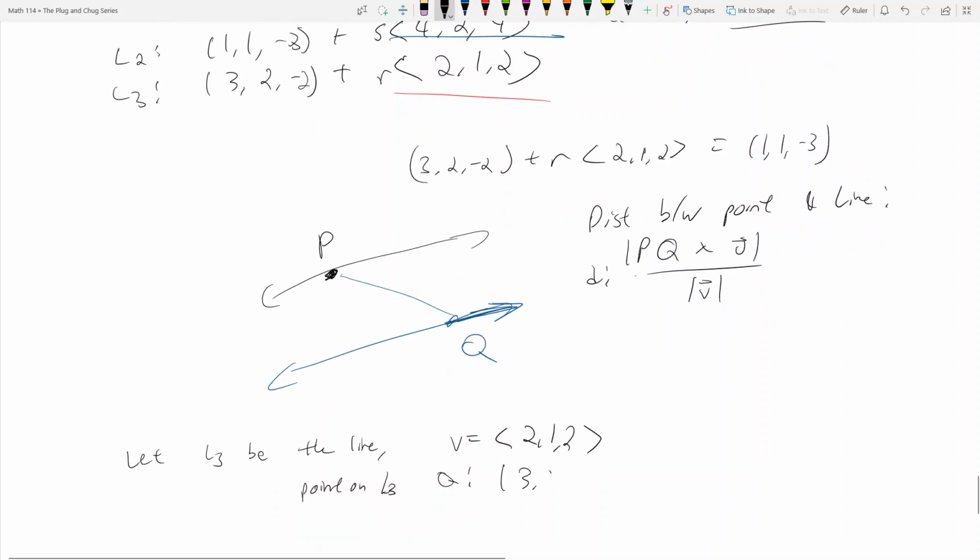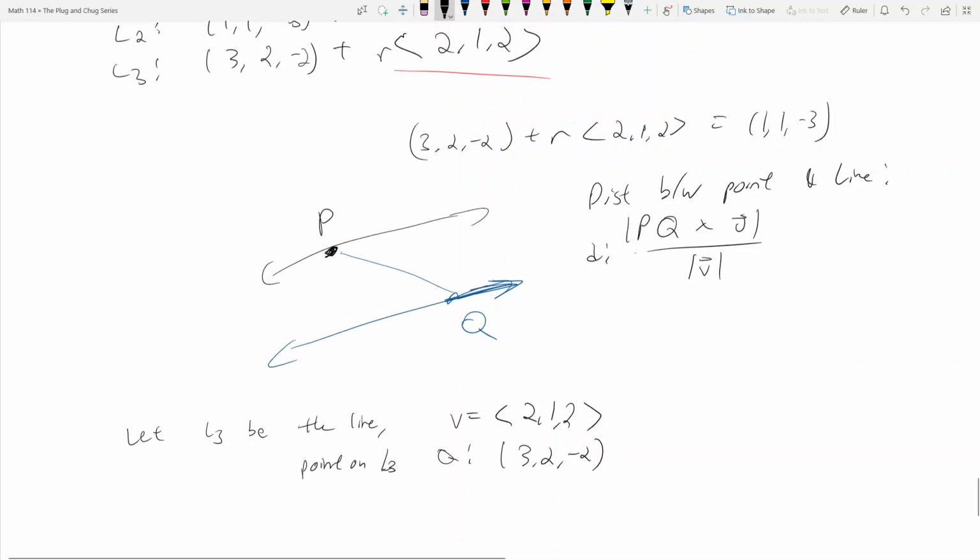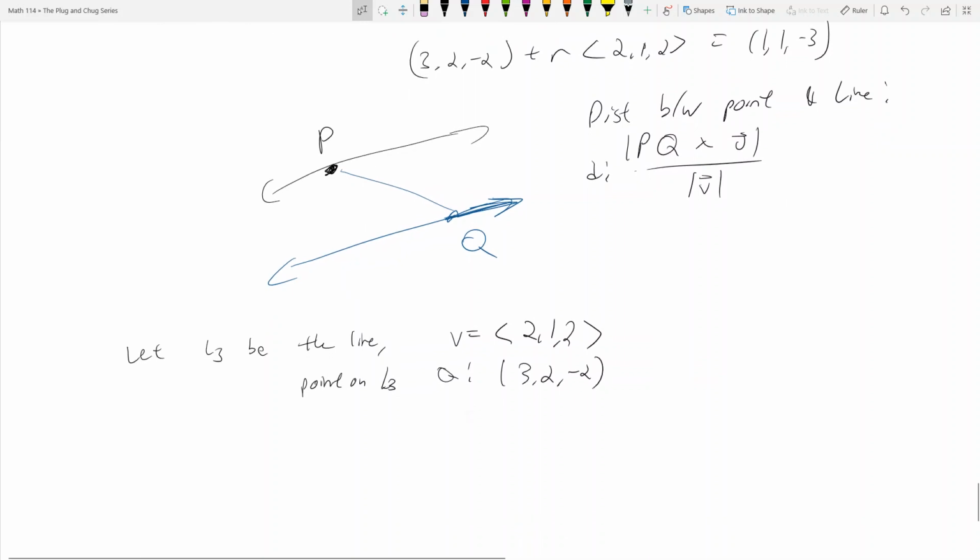Then we take a point on the other line, L2, to be our point P, which we treat as a point in space. So imagine if this were L2 and this bottom line were L3. We pick a point on L2, forget that that line is there, and then find the distance from that point to the line.